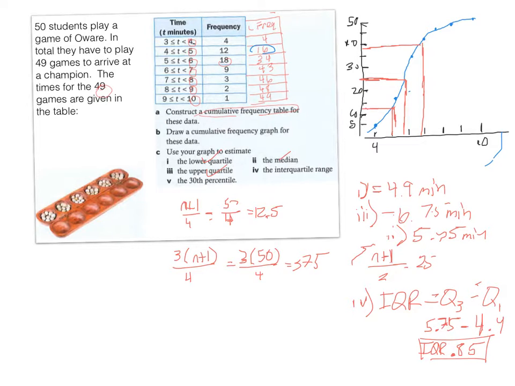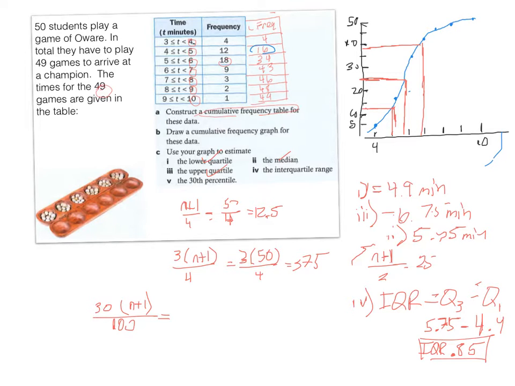All right, and then part V asks for the 30th percentile. So which value is above 30% of the data? Now you'll remember we talked about this in class, and we said that we can do the same thing with our n plus 1, but instead of looking for a quarter or 3/4 or half, we're looking for 30%, which would be 30 over 100.